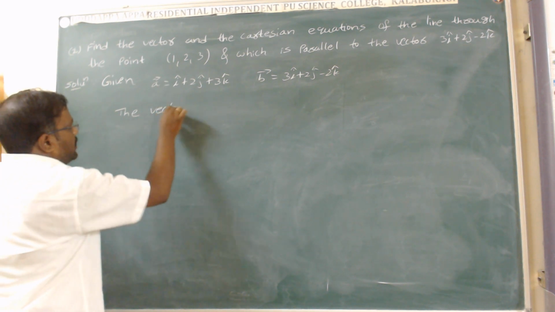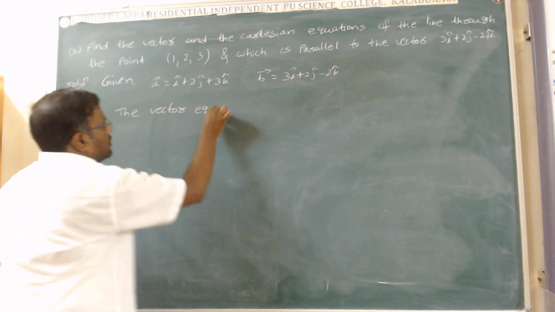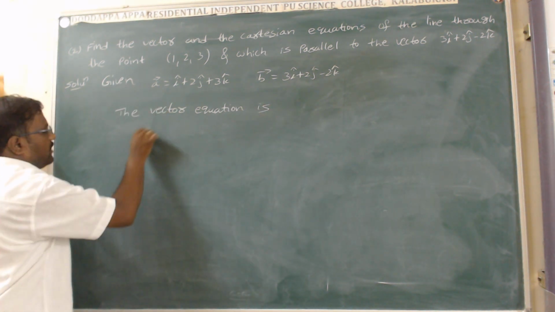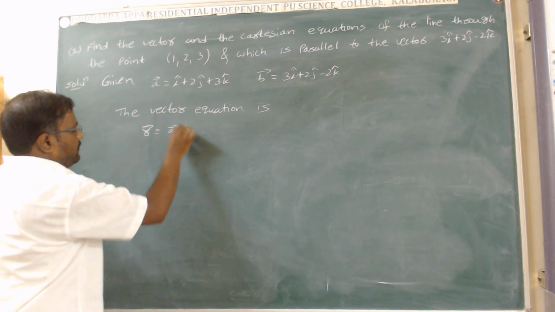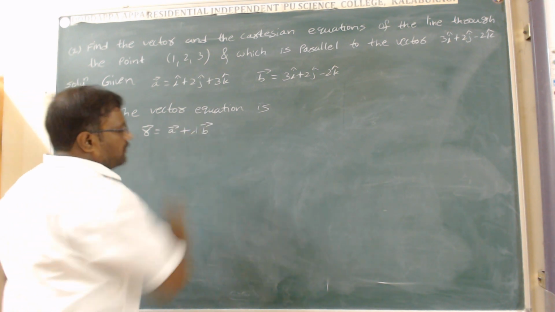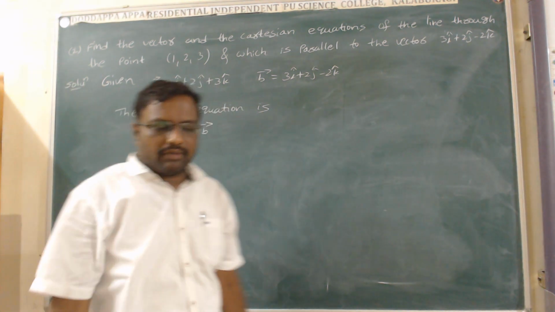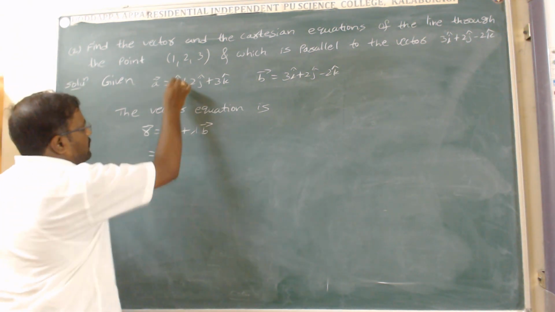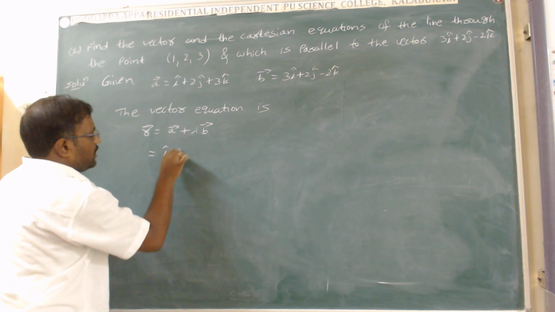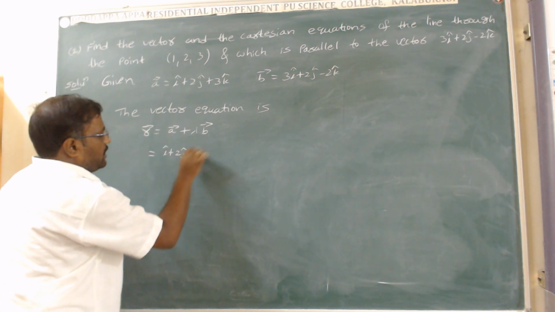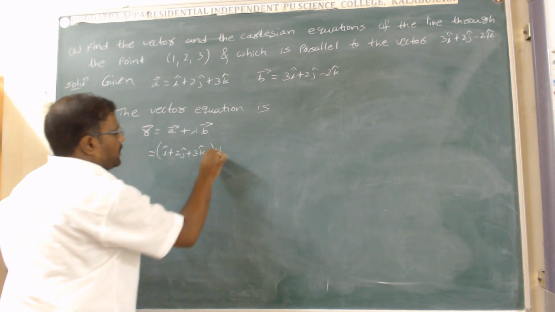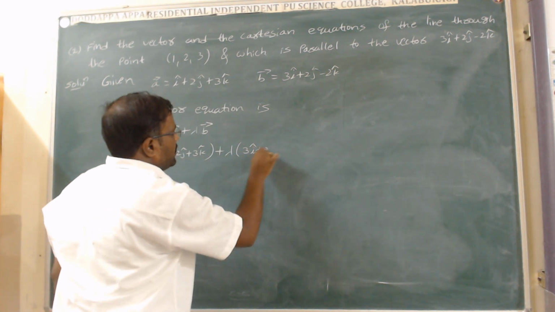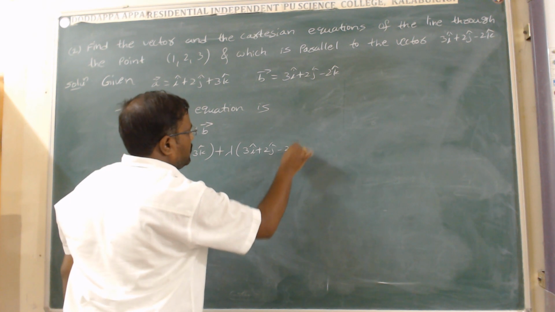The vector equation is given by vector r equal to vector a plus lambda of vector b. Here vector a value is i plus 2j plus 3k plus lambda of vector b value 3i plus 2j minus 2k.